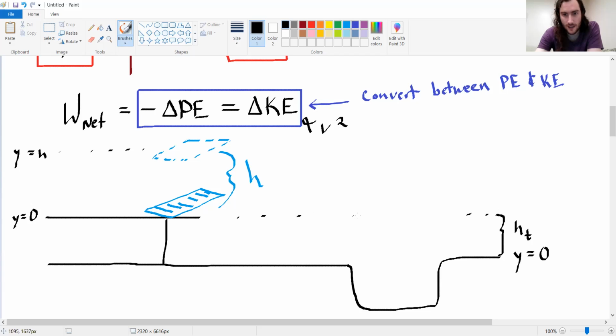Let's go ahead and get a dotted line here. Plus the height that the object is lifted above the table, right? But if that book is dropped from a distance h above the table, it will eventually smack into the table and it will only lose potential energy equal to mgh. So as that book falls down, it will only lose potential energy.